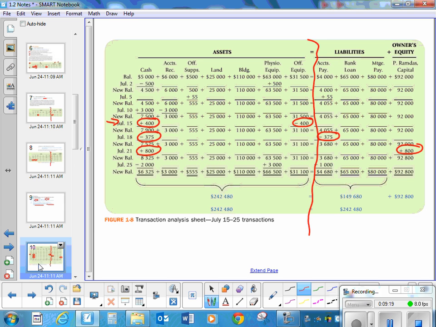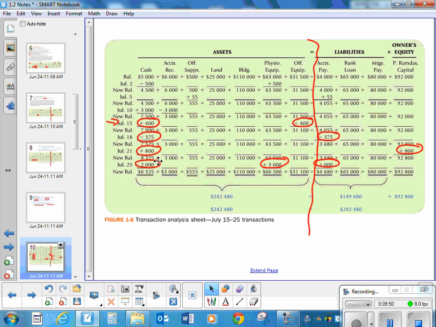Your cash is going down $2,000 and your accounts payable is going up $1,000. So $2,000 and $1,000. And you are gaining physio equipment of $3,000. So if you want to look at this now as the left side and the right side, the left side went down $2,000, but it went up $3,000. So it's gaining $1,000. The liabilities went up $1,000. So they're staying in balance.